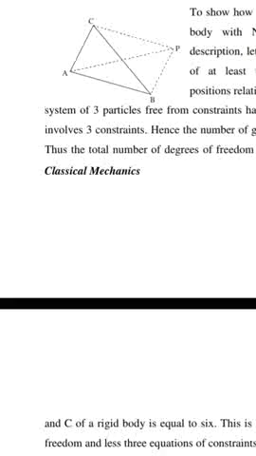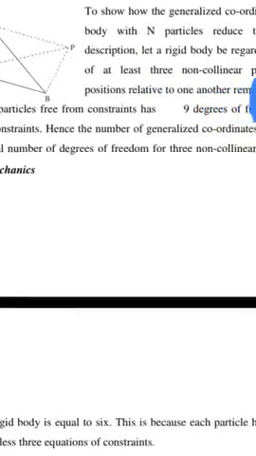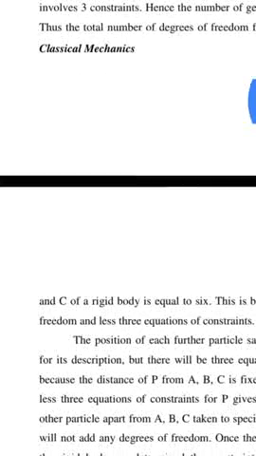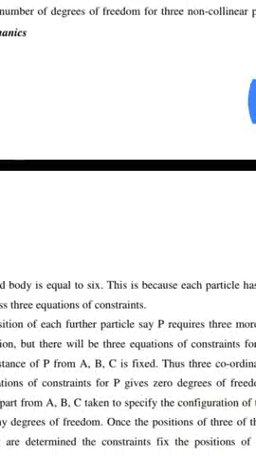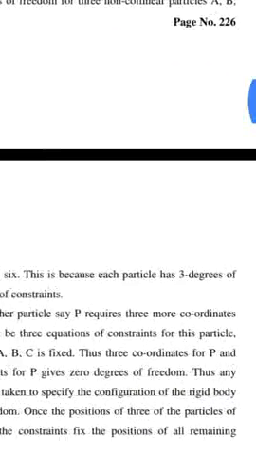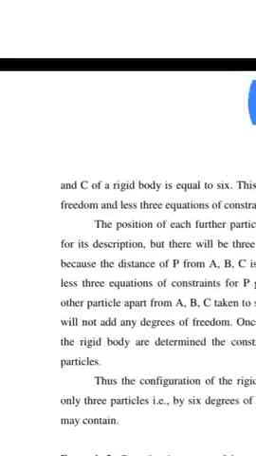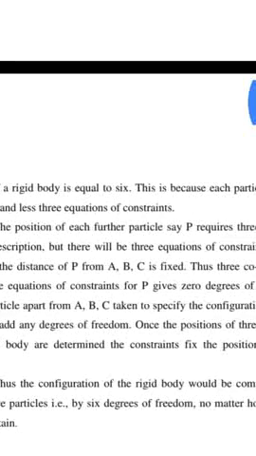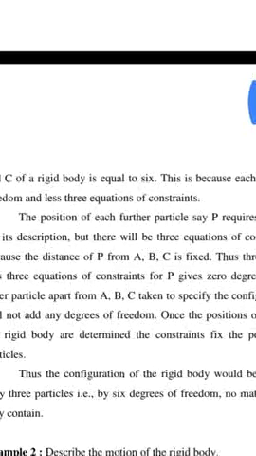Thus, the total number of degrees of freedom for 3 non-collinear particles A, B and C of a rigid body is equal to 6. This is because each particle has 3 degrees of freedom, less 3 equations of constraint.